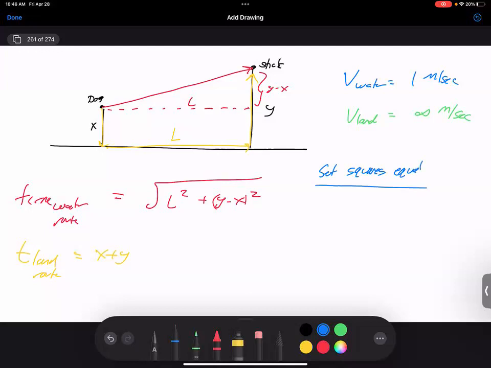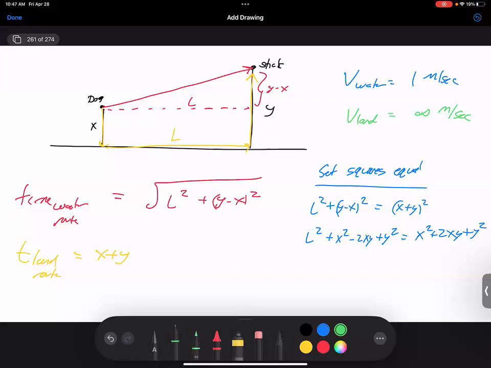So hopefully you've seen this in calculus before. Never, ever, ever work with a square root if you can avoid it. So rather than setting the times to be equal, let's set the squares of the times to be equal. So we would have L squared plus (y minus x) squared equals (x plus y) squared. So L squared plus x squared minus 2xy plus y squared is x squared plus 2xy plus y squared.